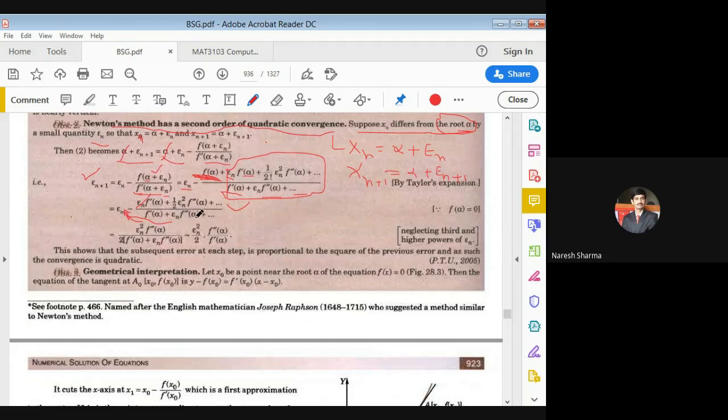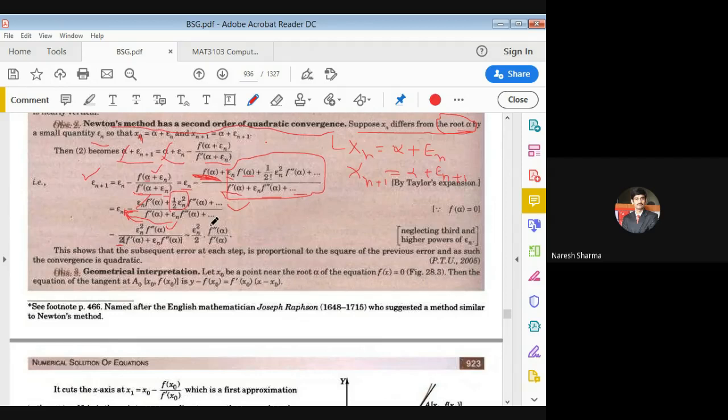That is epsilon n square, or this also contains epsilon n square, 1 by 2 with a minus sign, because outside this we have the minus sign here. So plus minus is minus. So we get epsilon n square minus 1 by 2 epsilon n square. We take f double dash alpha outside the bracket. So that 1 by 2 is right here.